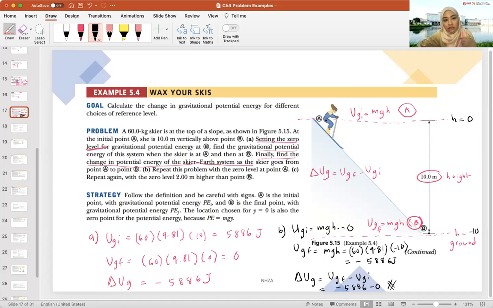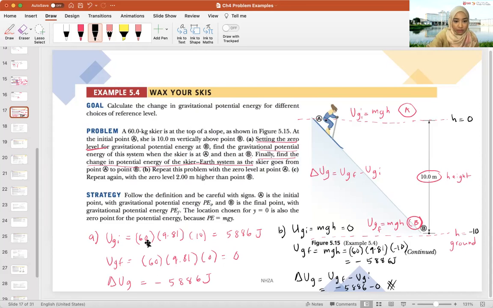So point A has 5886 greater energy than UG final. Understand? Because it is zero. So its energy is bigger than UG final by 5886. This is point A. Point B has energy less than point A by 5886. So actually we are finding relative energy. It means this is not absolute.